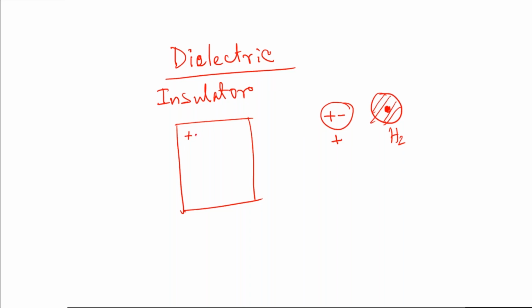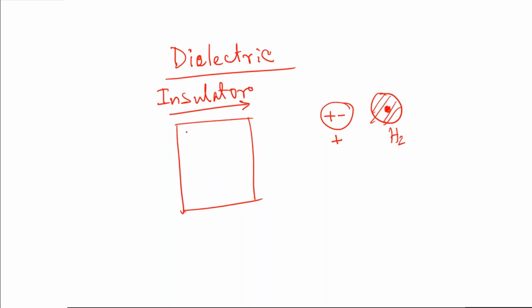So in the dielectric, in general, the charges are strongly bound and they stay nearby. These charges are bound to each other, so they cannot flow or move freely to give rise to electric current.